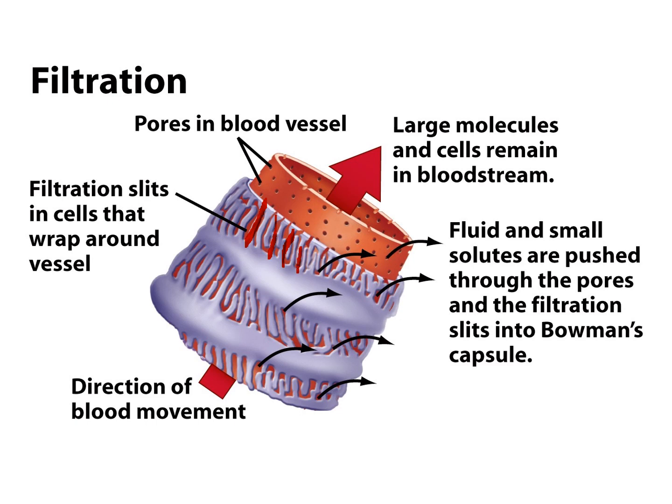Okay, so you have filtration slits that the filtrate passes through, coming from the space inside the capillary, so coming from the blood and exiting out. It passes through these slits that are formed by the podocytes wrapped around the capillary of the glomerulus.